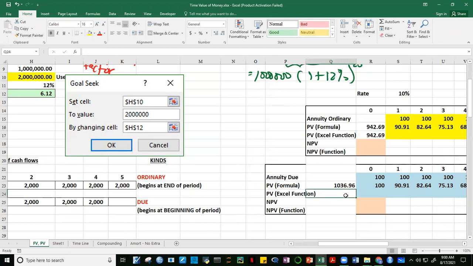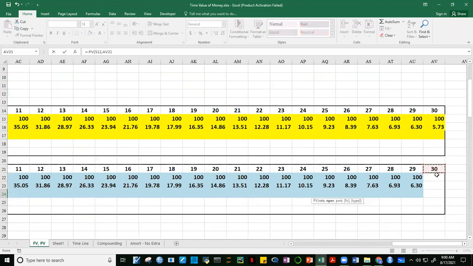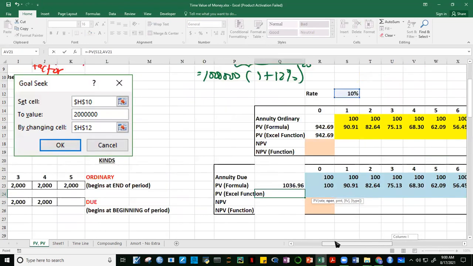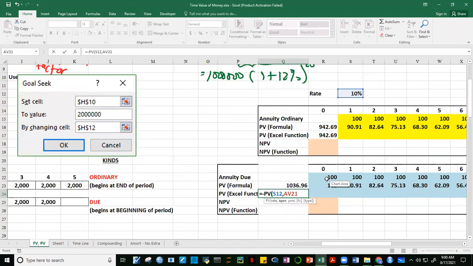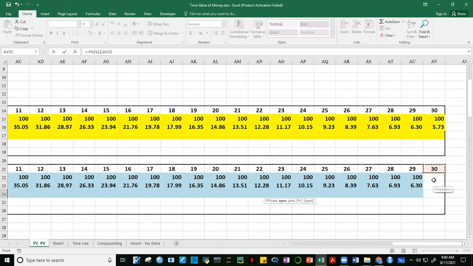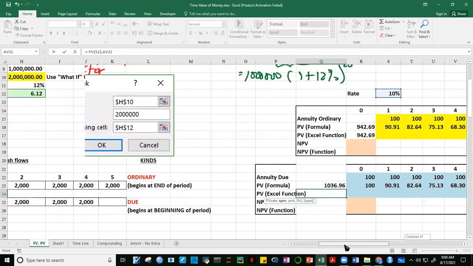Now let's use the Excel function, PV. Rate is 10%, comma. NPER is 30, diba? 30 years to. Okay, take note guys, kahit walang cash flow dito, 30 years pa rin to. Kasi nagsimula yung cash flow dito sa year 0. No? So don't be confused guys. Kapag annuity due, wala talagang cash flow sa dulo. Kapag annuity ordinary, merong cash flow dun sa dulo. Okay, that's the difference.